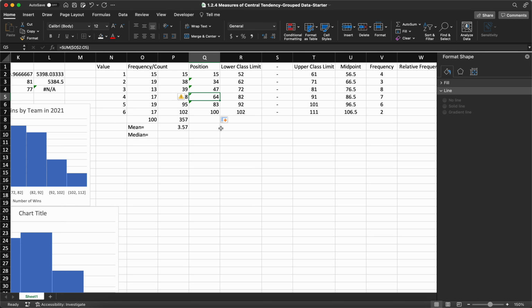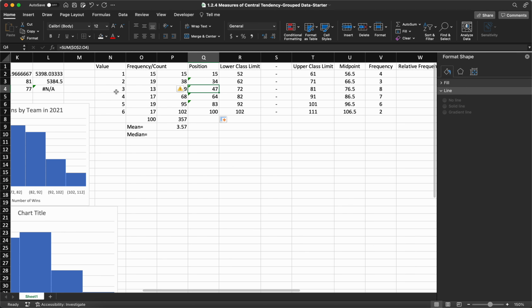Now we already said that the position of the median is going to be between the 50th and the 51st roll. Well, if this ends the 47th roll after I rolled all my threes, that means that both the 50th and the 51st roll, when I order all of my data from smallest to biggest, are both 4s.